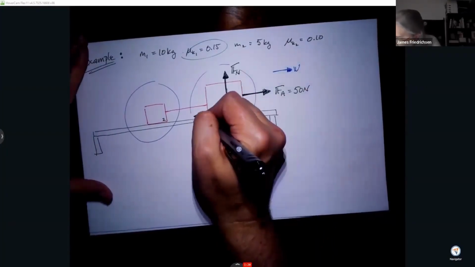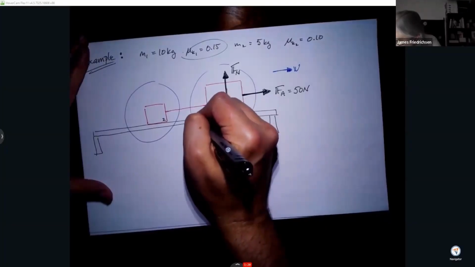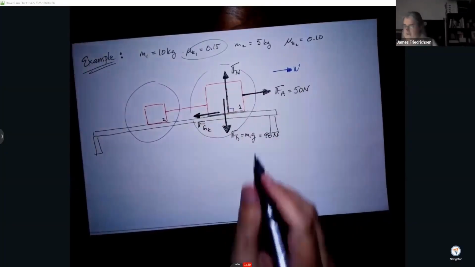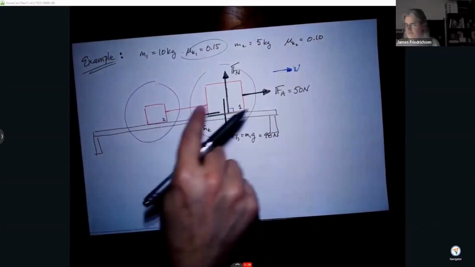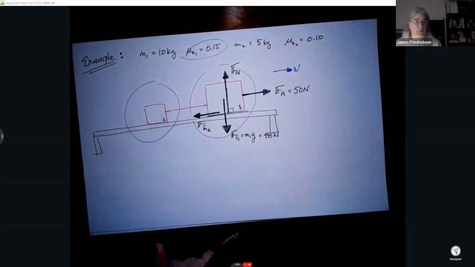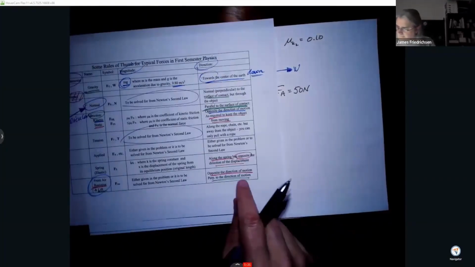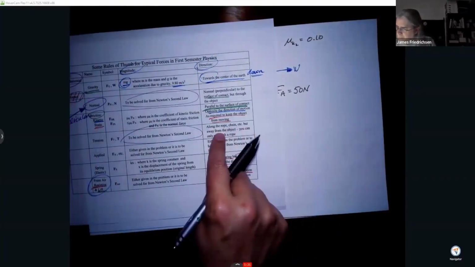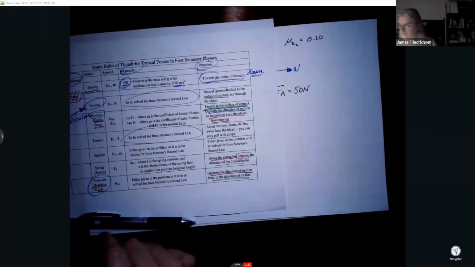We have my applied force here because I pulled on the lead box. And then we're also going to have the tension in the rope or the cord or whatever that was. Now the rule for the tension is that it's going to go along the rope, but away from the object.